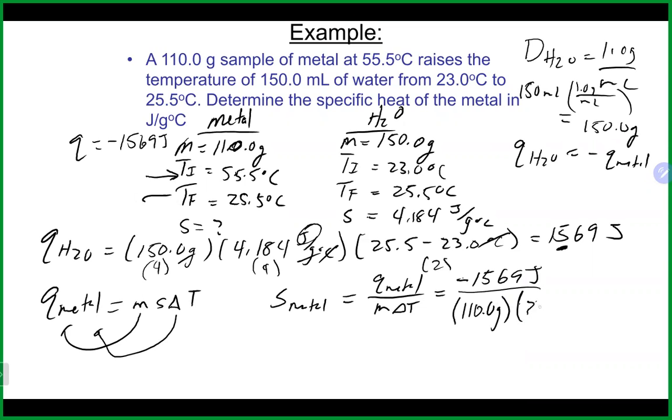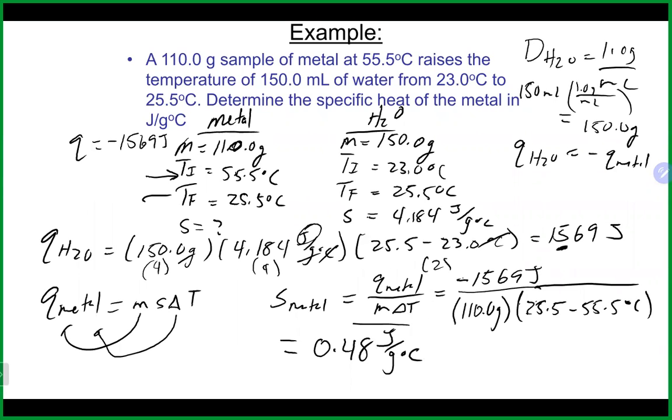So that's going to give us 25.5 minus 55.5 degrees Celsius, which gives the negative number that we need to get rid of the negative number up on top. That divides out to 110 divided by 25.5 minus 55.5, which gets us 0.48 joules per gram per degree Celsius, as none of those units cancel.